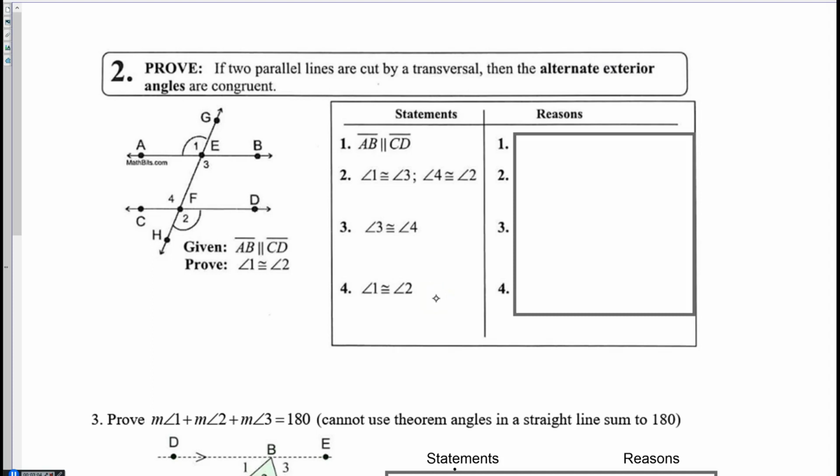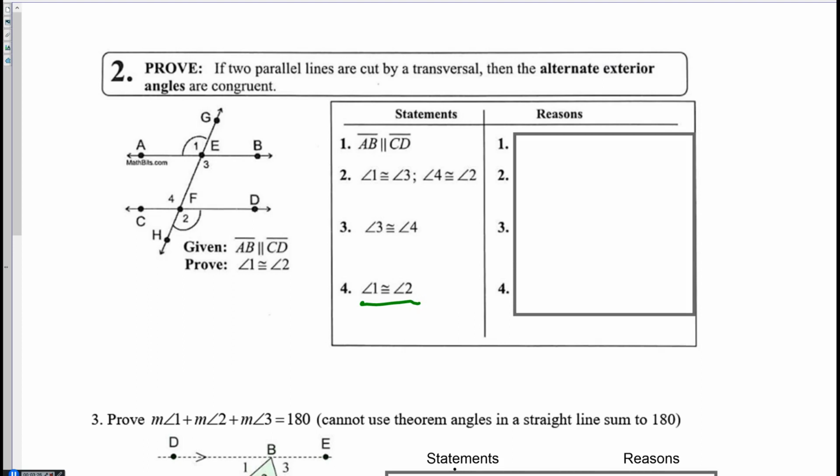Number 2, prove if two parallel lines are cut by a transversal, then alternate exterior angles are congruent. So if the lines are parallel, those angles right there, that 1 and 2, need to be congruent. So notice that the last statement of my proof is that angle 1 is congruent to angle 2. That's the goal here.